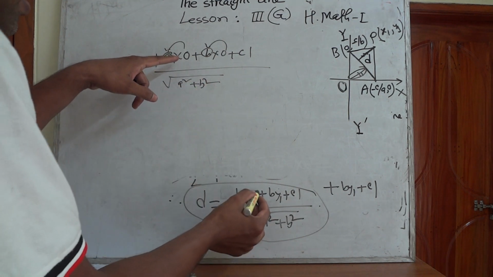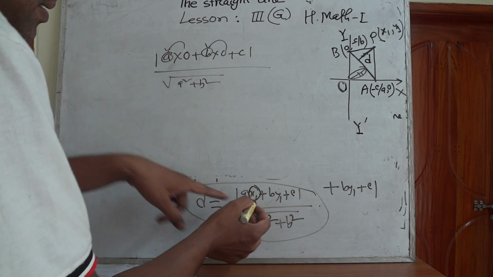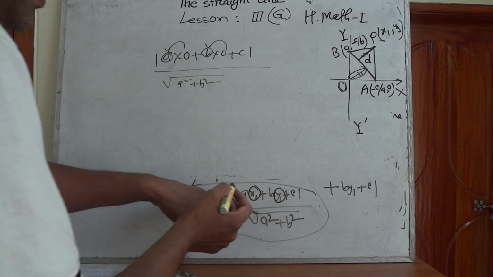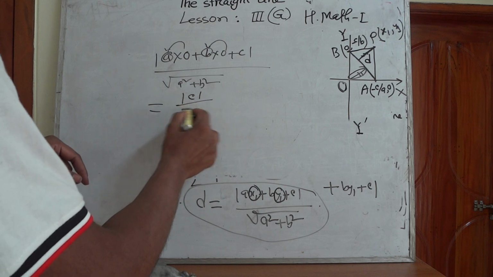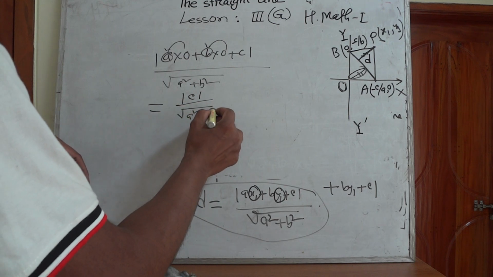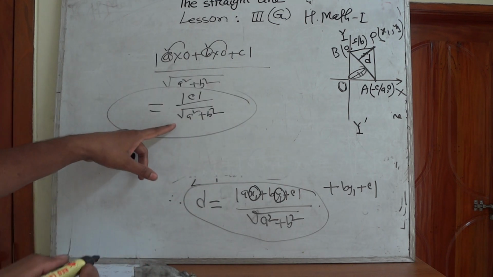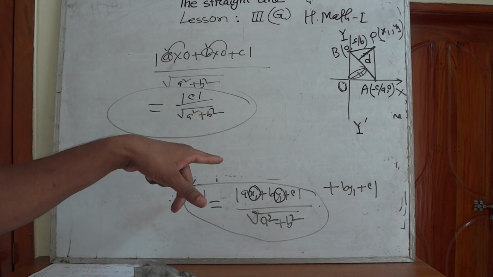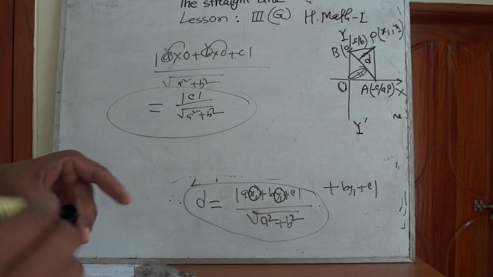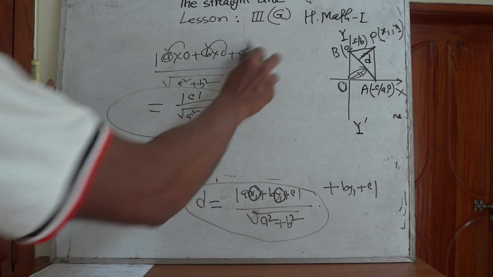That's when you have to put here 0, here also 0. And this equals the absolute value of C divided by square root over A square plus B square. And this is another distance formula from the origin to the given straight line. Okay, now follow the examples.